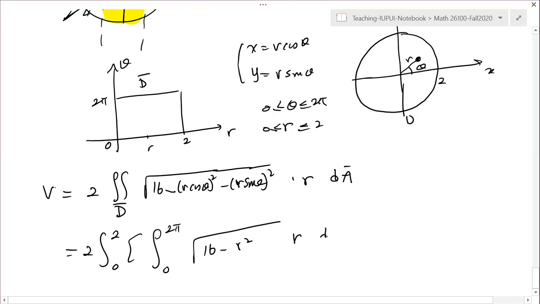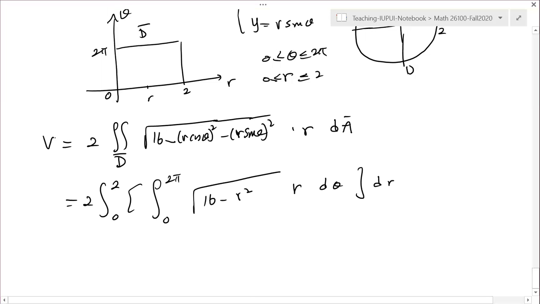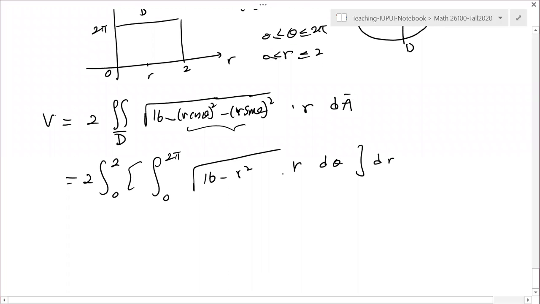This is r dtheta and then dr. After simplifying, it's independent of theta. So you get 2 pi times this number, so you totally have a 4 pi. It's very simple.